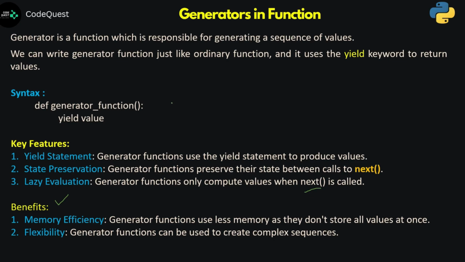So if I have 5 values in a generator function, then I need to use the next function 5 times so that I can get all the 5 values one after another. As it does not store the set of values in memory, it uses very little memory. And this function can also be used to generate some complex sequences.